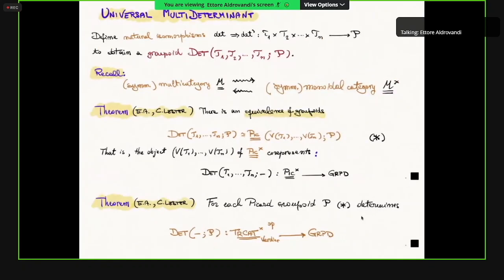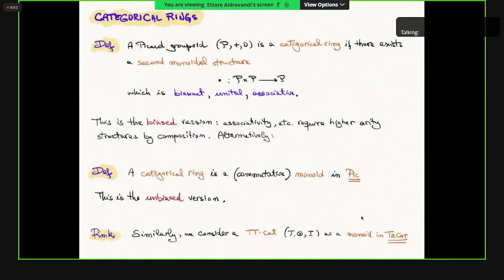So now what about categorical rings? That's the other side of the story, in the sense of what happens on the Picard side. Everyone has their favorite definition of what a categorical ring should be. So I give you 2.